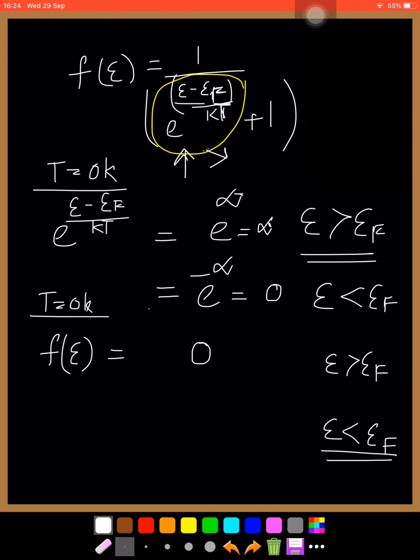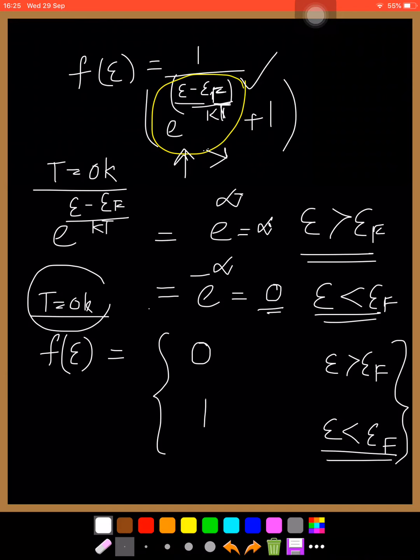Then take the condition E less than EF. When E less than EF, this term is 0, so 1 by 0 plus 1, that is 1 by 1, 1. So Fe is 0 for E greater than EF and Fe is 1 for E less than EF. And remember, this is the situation when T equal to 0 Kelvin.